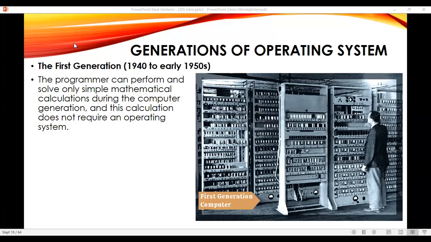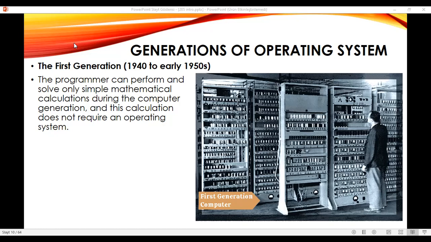I'll continue from generations of operating systems. Actually, if this course were an introduction to computers course, or if we needed to explain computer history, maybe I would start from the abacus, a very, very simple calculator that is not an electronic device.